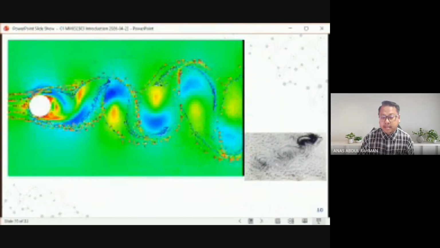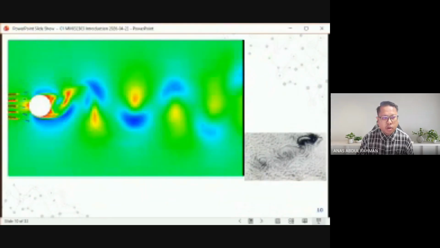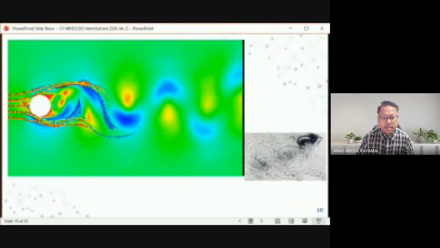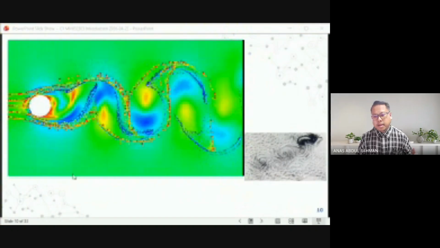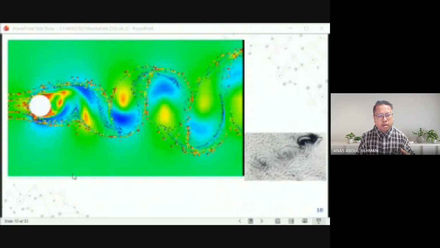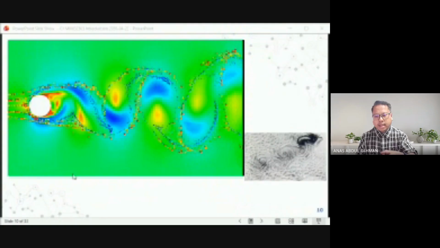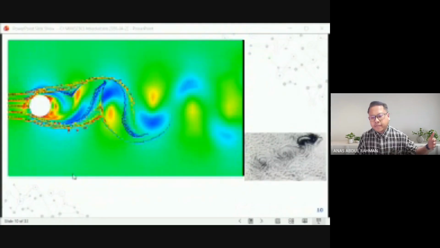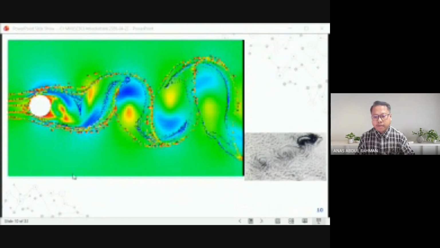And this is another example, which is a natural phenomenon called von Karman vortex, where an object located at a certain location is faced by the incoming fluid.